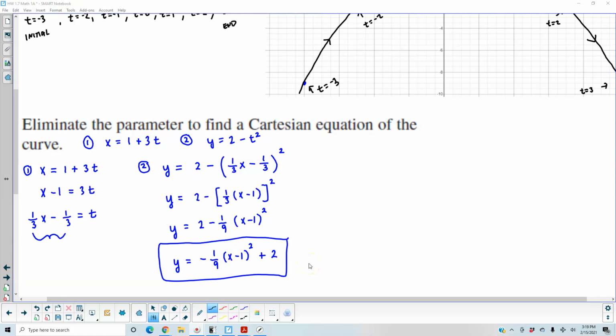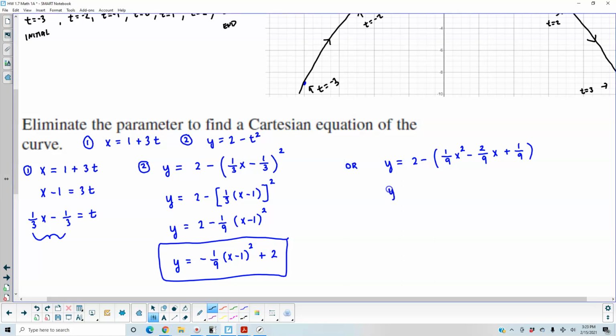Now we could have also just expanded the square here, and by doing so we could then multiply that binomial that's squared, so we would get y equals 2 minus, if we square that, 1/9 x squared minus 2/9 x plus 1/9.